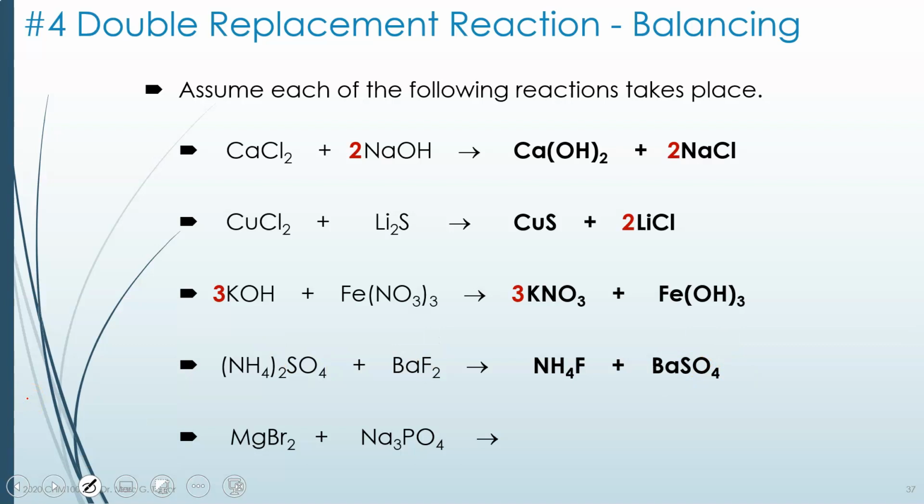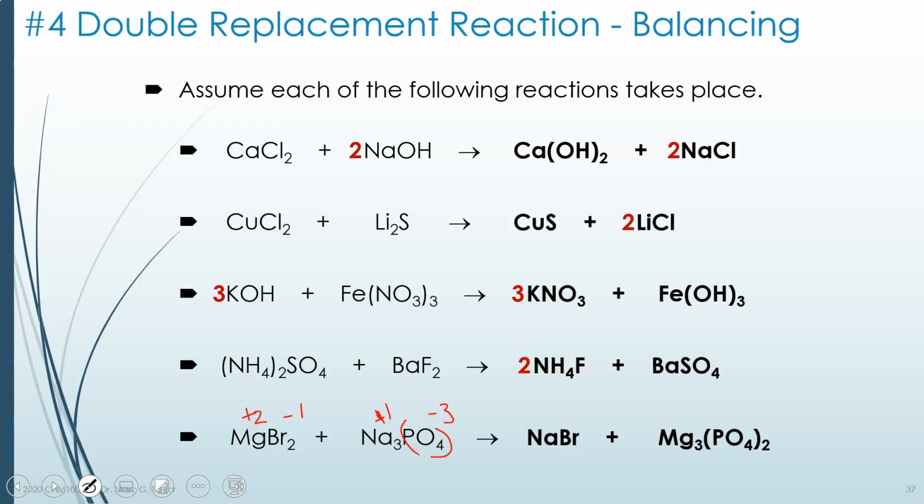And the last example is magnesium bromide and sodium phosphate. And this one might be a little trickier to figure out the products. Because magnesium is +2, sodium is +1, bromine is -1, but phosphate is -3, and we have 1 phosphate group here, so don't confuse that.